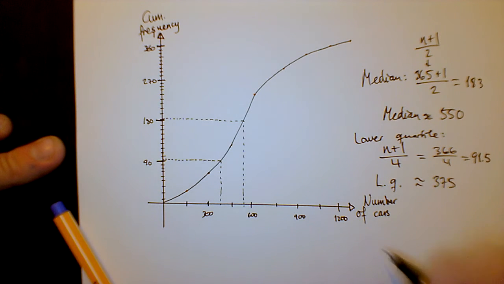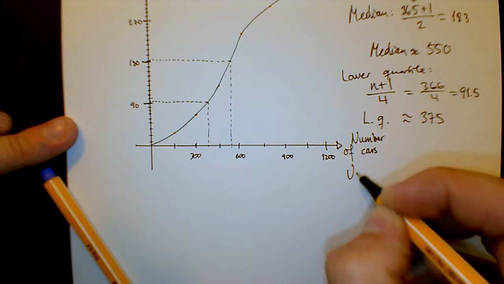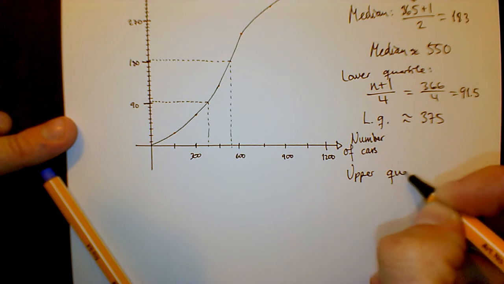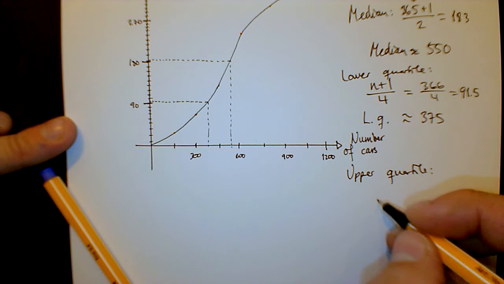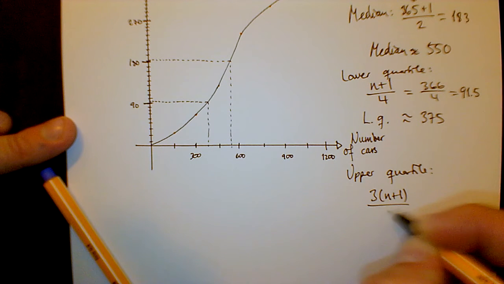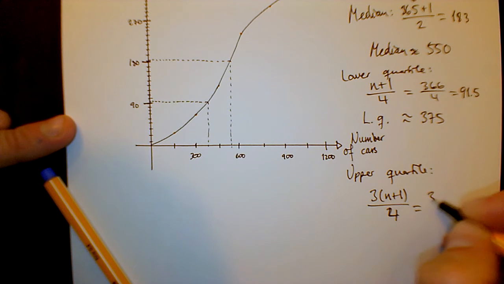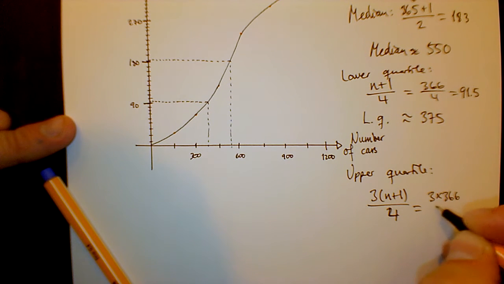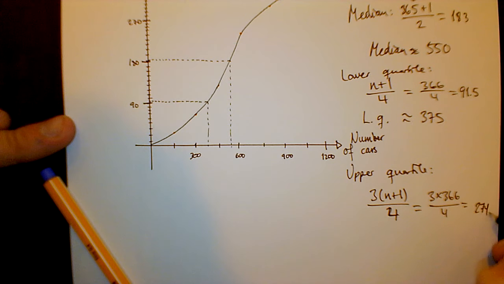Upper quartile is then defined as, what's that again? That's 3 times n plus 1 divided by 4, sorry. So that would give us 3 times 366 divided by 4, which is 274.5.